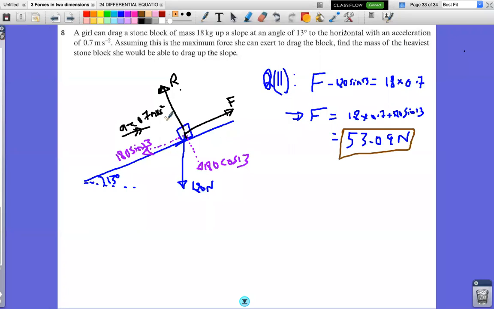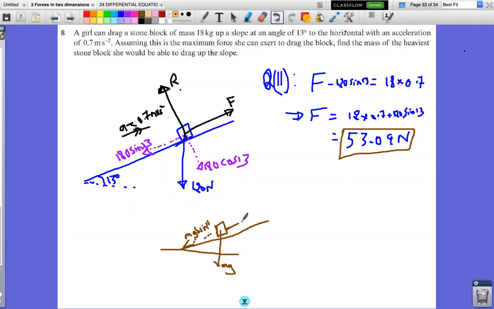To drag the maximum mass up the slope, there should be no acceleration, right? So for the second part of the problem now, we still have that slope, and we have an object of mass m. So this will be mg. So you can see that there will be a component this way, which is mg sine 13.